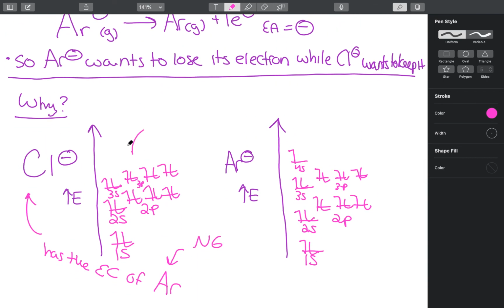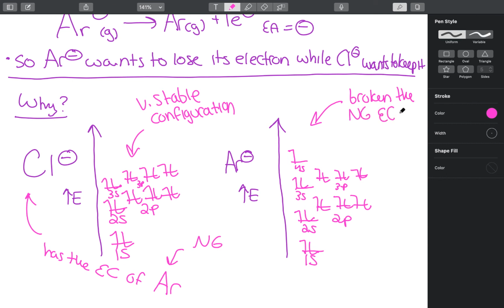However, the argon anion with the extra electron has broken the noble gas electron configuration, and the added electron is in a higher energy level.